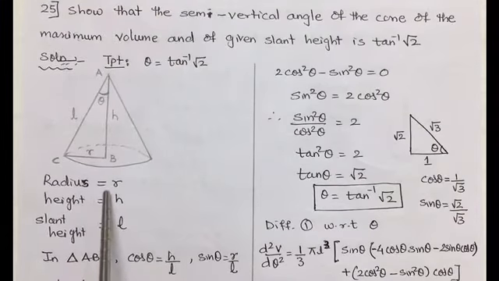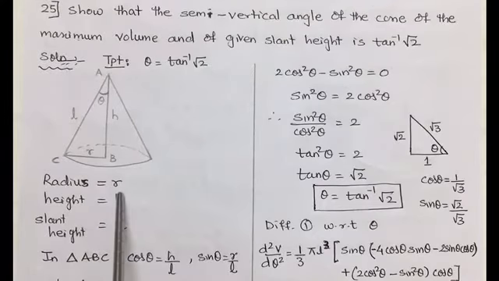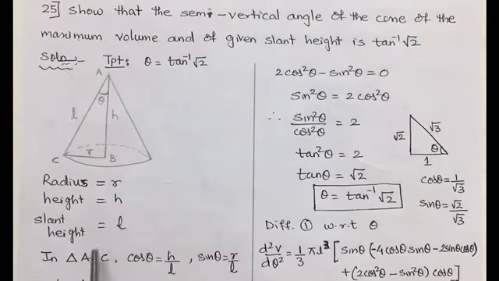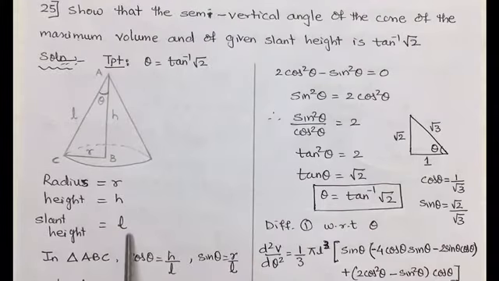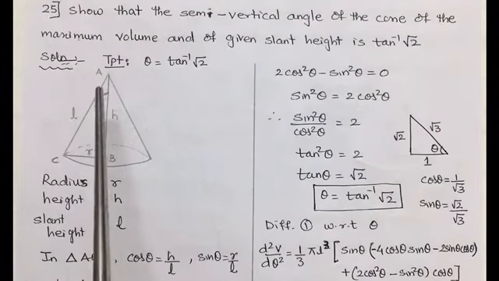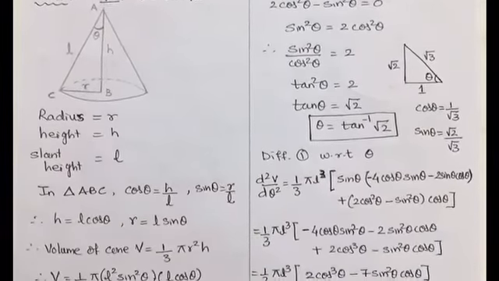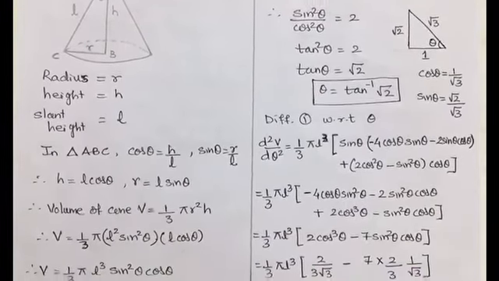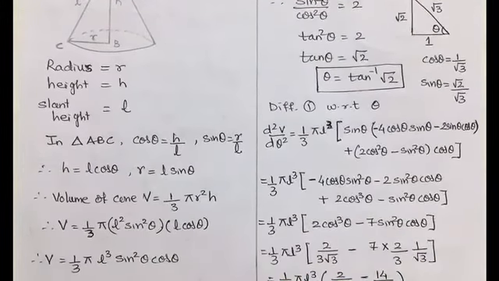Now taking up the dimensions as radius of the cone as r, height as h, and slant height as l. Now expressing it in terms of cos theta and sin theta by taking this right angle triangle, we get cos theta is h upon l and sin theta becomes r by l if theta is the angle.